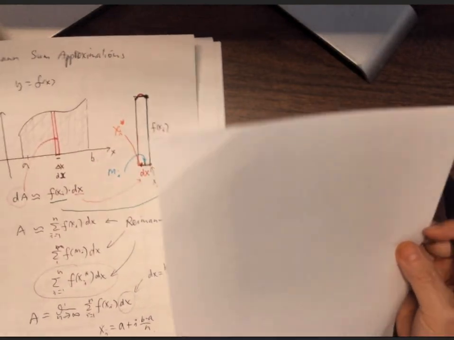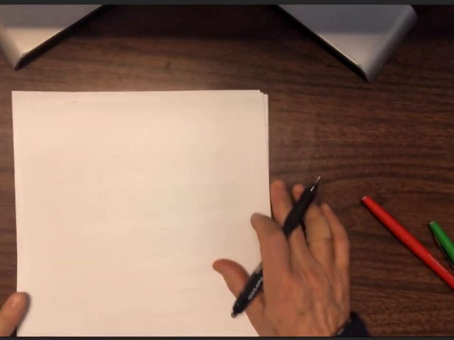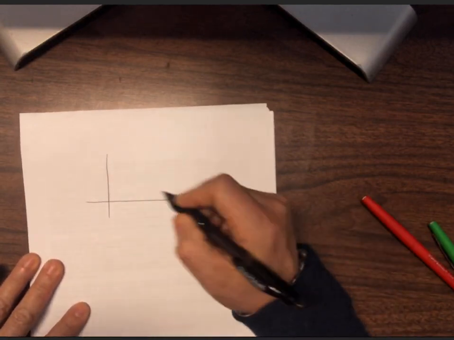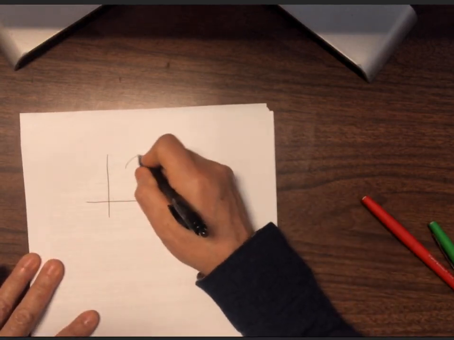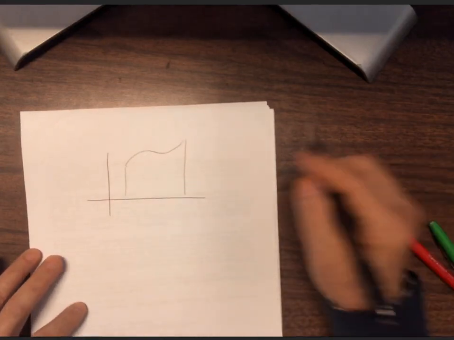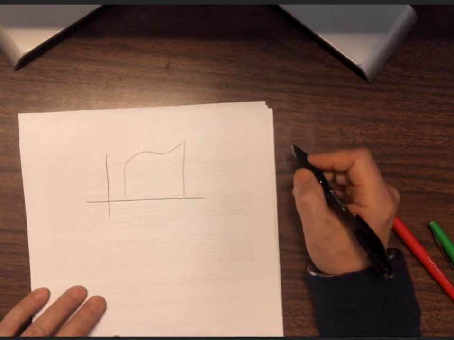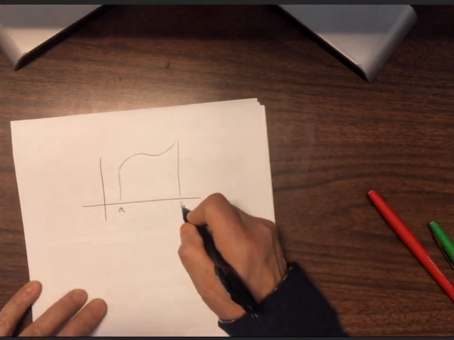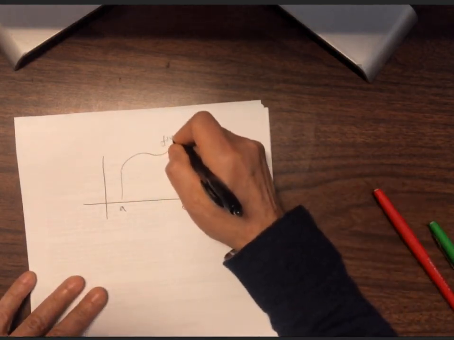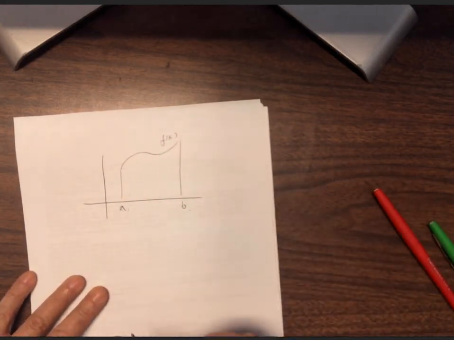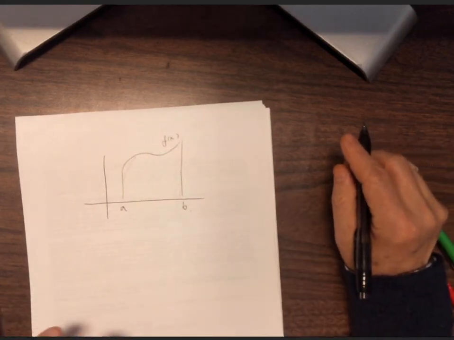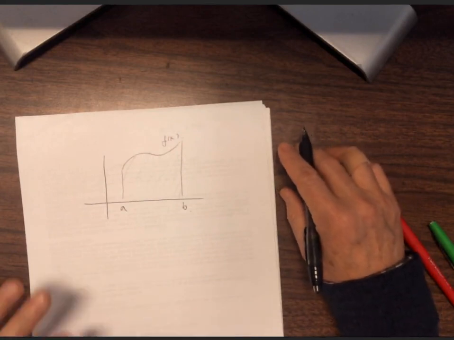Now, this whole process is based on the idea of slicing a region. So let me try to recapture the principle, the idea involved. The function, same f of x over the interval, and so there is a region under a graph over the interval a to b.